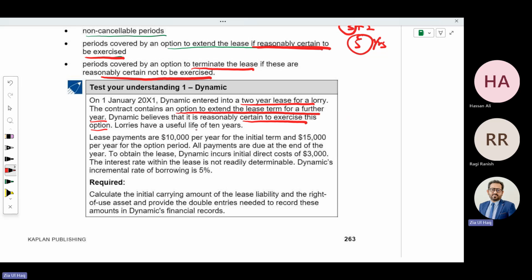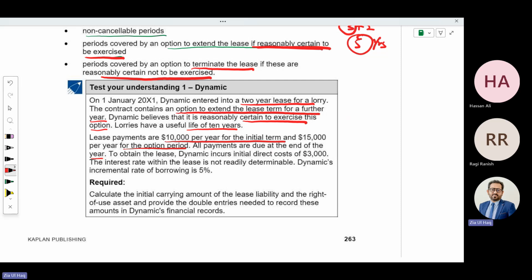Lorries have a useful life of 10 years. Lease payments are 10,000 per year for the initial term, meaning 2 years, and 15,000 per year for the option period, that is 1 year. All payments are due at the end of the year.